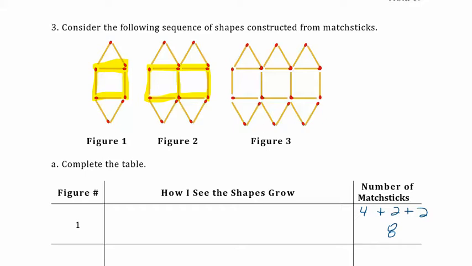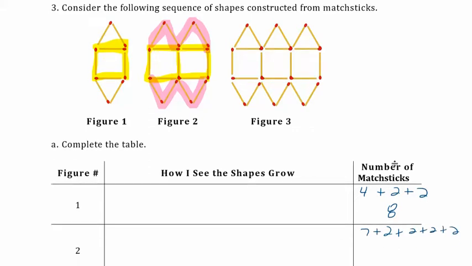So then they count 1, 2, 3, 4, 5, 6, 7. And then they do these top ones, right? There's 1, 2, and 2. I have 4 of those, so that would give me 8. Maybe they actually write 2 plus 2 plus 2 plus 2, or maybe they write 8. And then they go to the next one, and they say 1, 2, 3, 4, 5, 6, 7, 8, 9, 10.